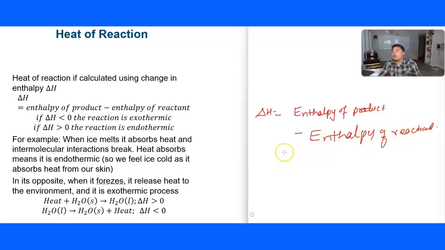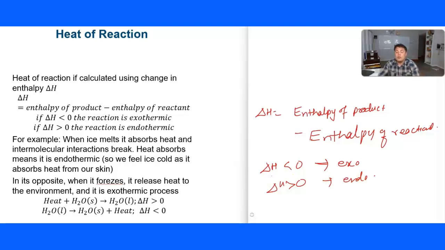That way you can calculate the heat of reaction or enthalpy of the reaction. If the enthalpy of the reaction is less than 0, it is exothermic, and if the enthalpy of the reaction, or heat of reaction, it's the same thing, is greater than 0, that is endothermic.